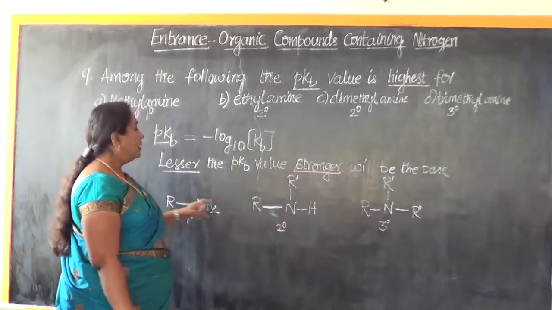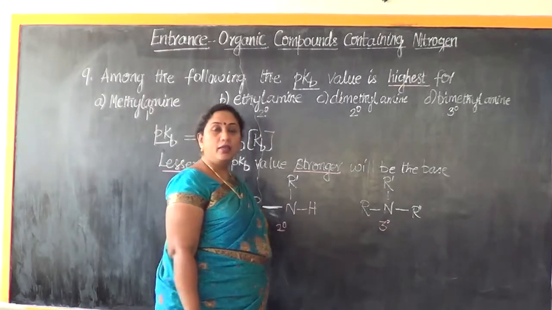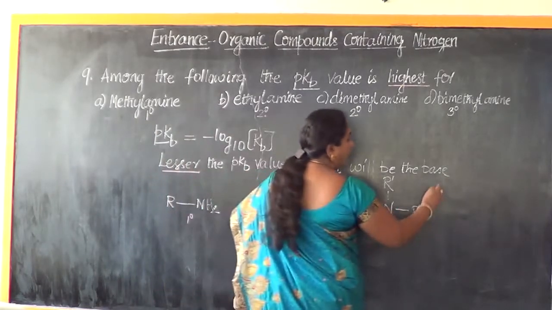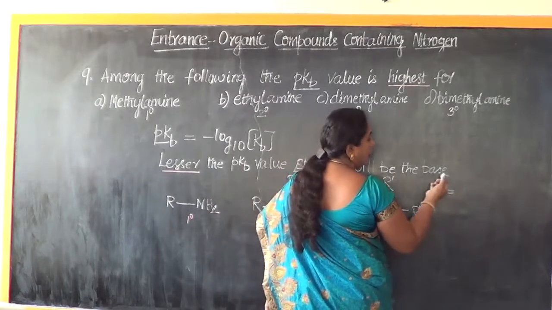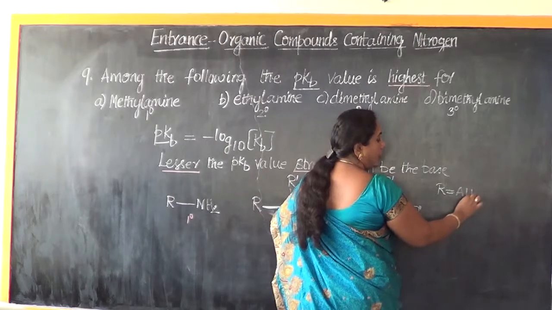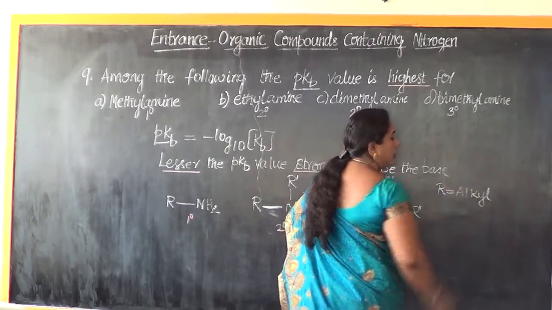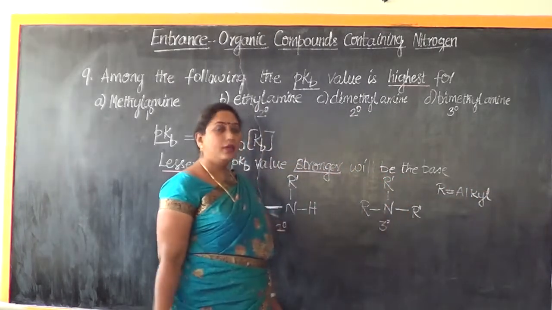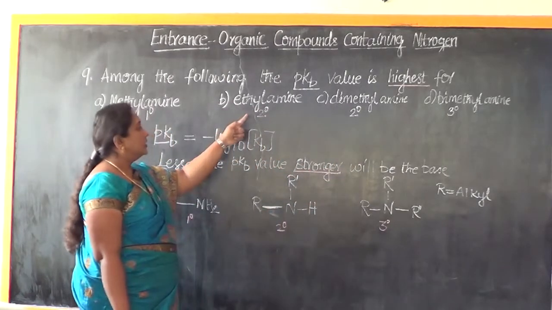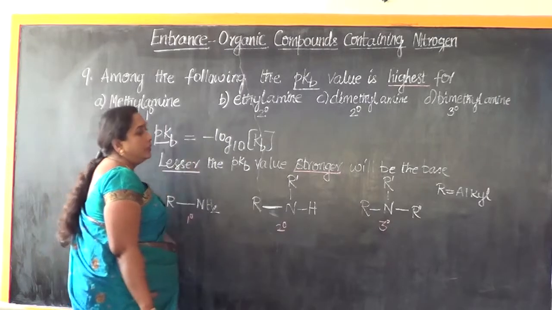Now all these R's, let us say they are all alkyl groups. All the R's that we have considered, R dash, R double dash, are alkyl groups, like methyl in these two cases, and in this case it is ethyl, and in this case again methyl.